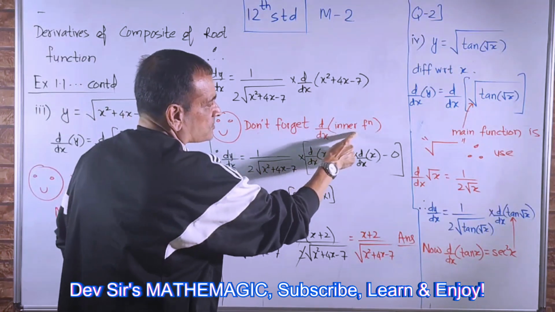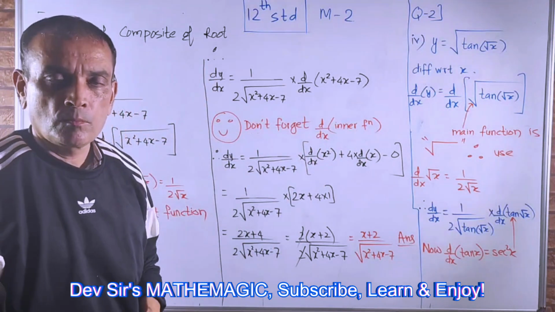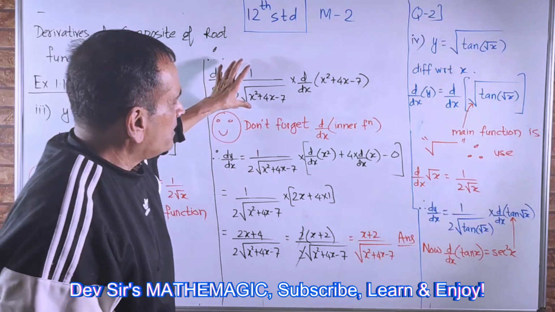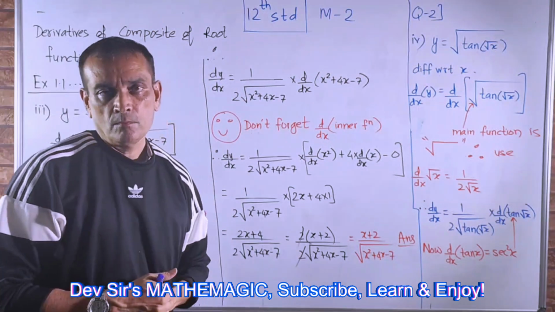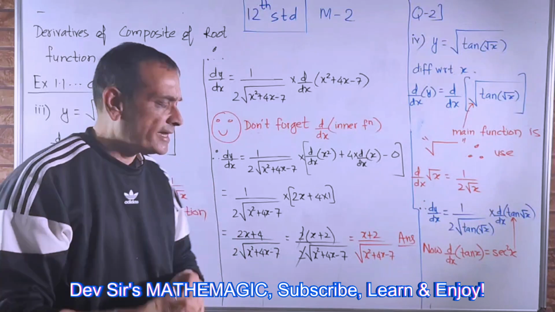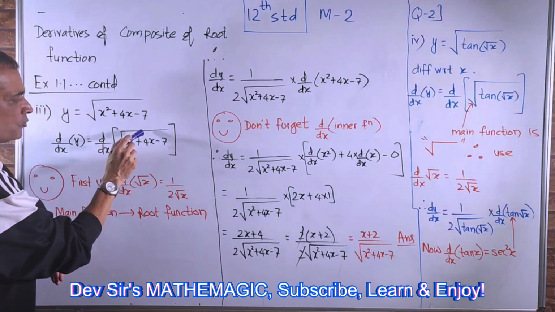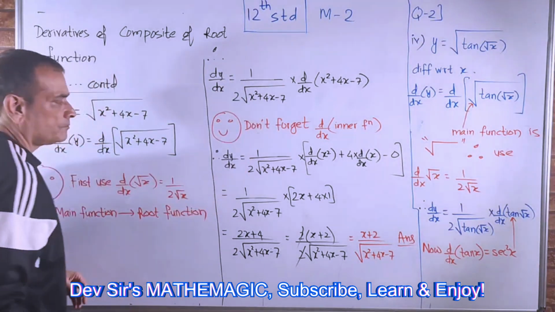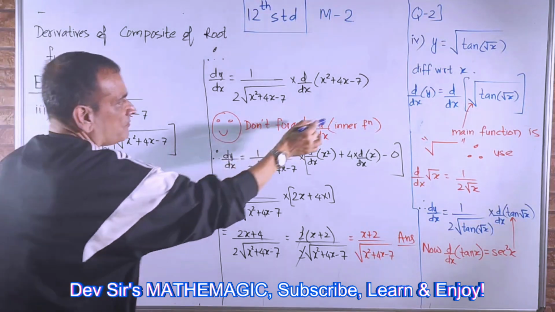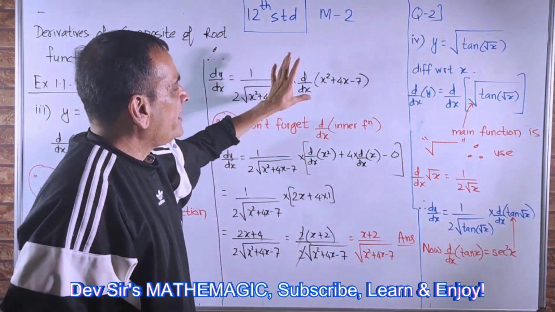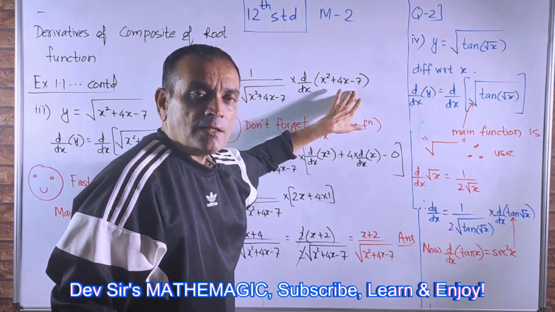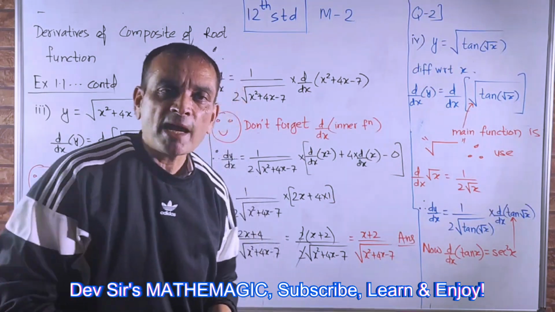Don't forget d by dx of inner function. बराबर? Now this is called as chain rule since we are forming a chain. तो क्या क्या एक शॉर्ट में लिखेंगे? Derivative of root 1 upon 2 root into d by dx of अंदर का फंक्शन. क्लियर?